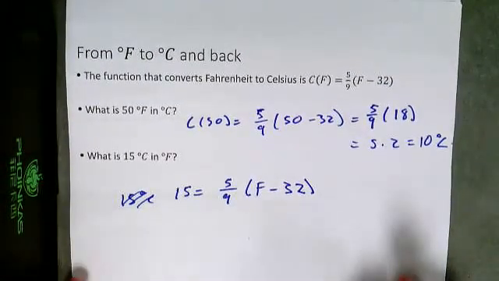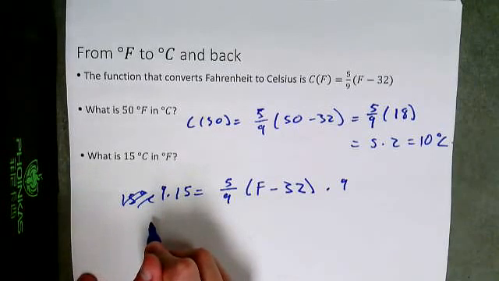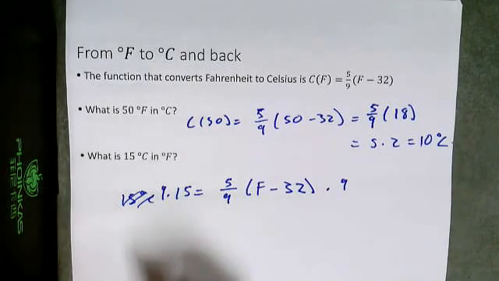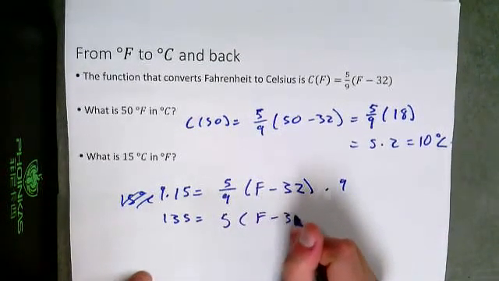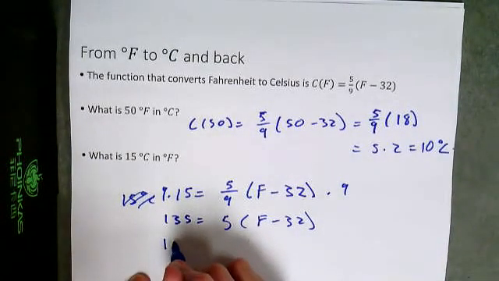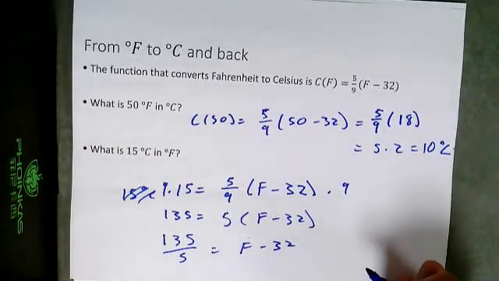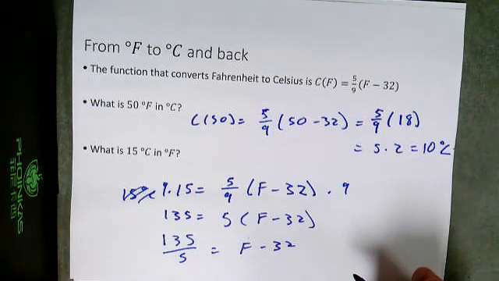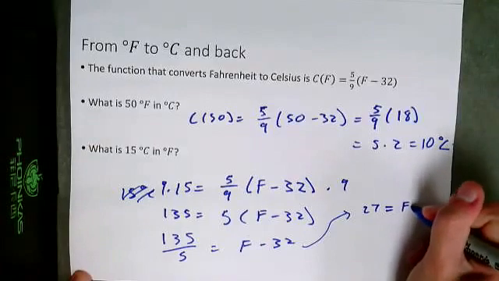Multiply by 9 on both sides of the equation, and we get 135 is equal to 5 times f minus 32. 135 divided by 5 is equal to f minus 32, and that gives us 27 is equal to f minus 32.